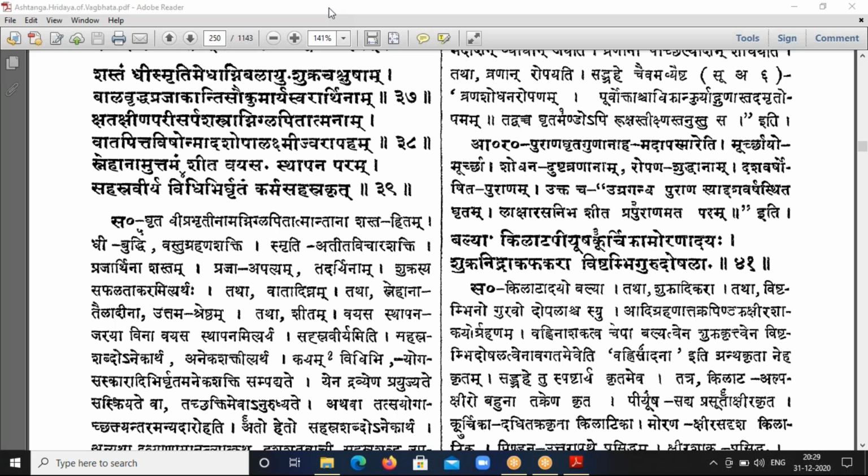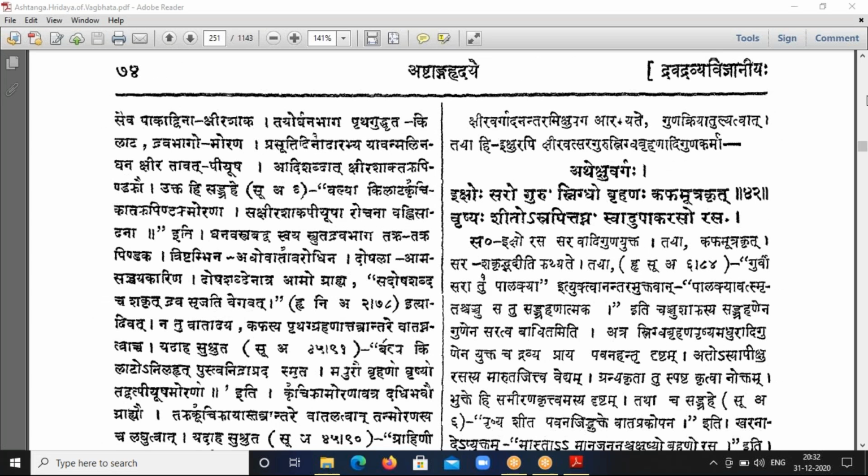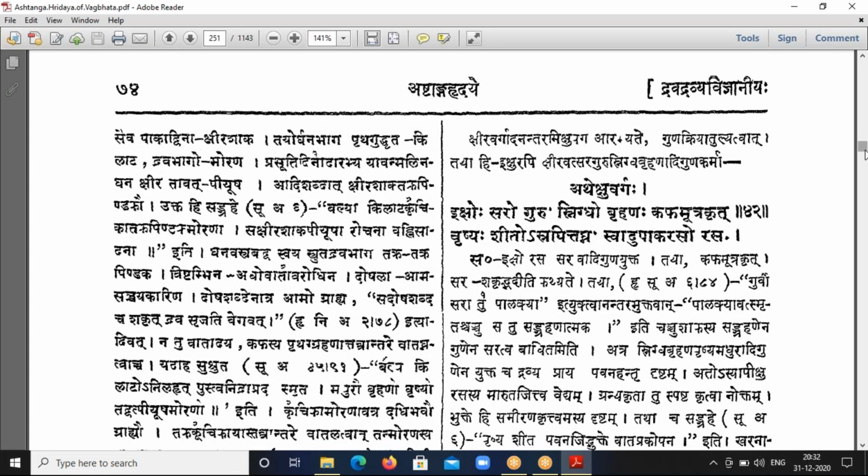Now we will switch over to Ikshu Varga. Ikshu is the sugar cane. See, in the Samhitas itself, we find a classification of Ikshu Vargam, which shows that the usage of Ikshu with all the Ikshu Vikaras was so popular, so common, even in the periods of Samhitas.